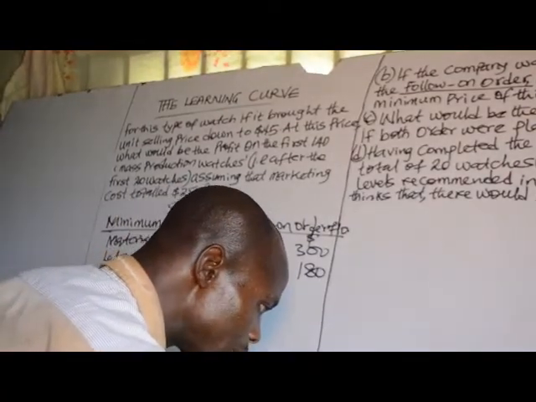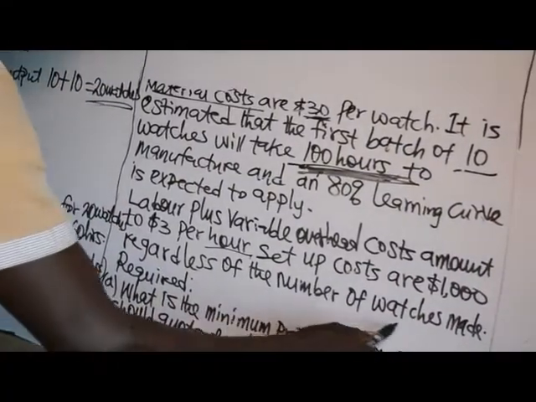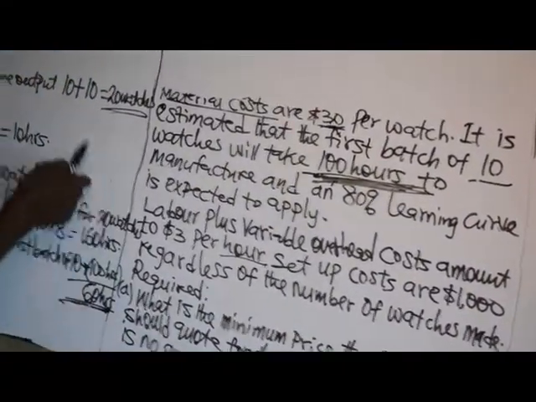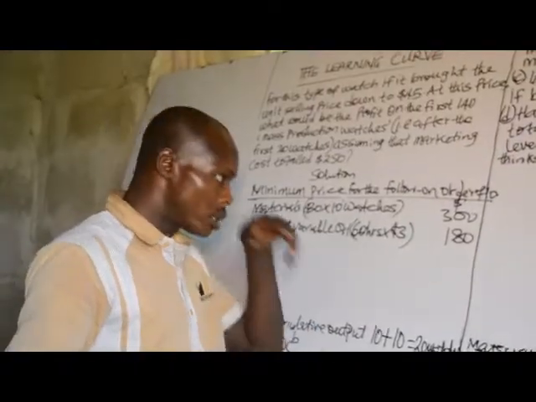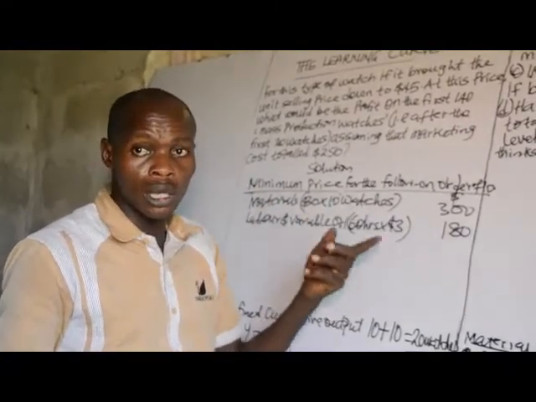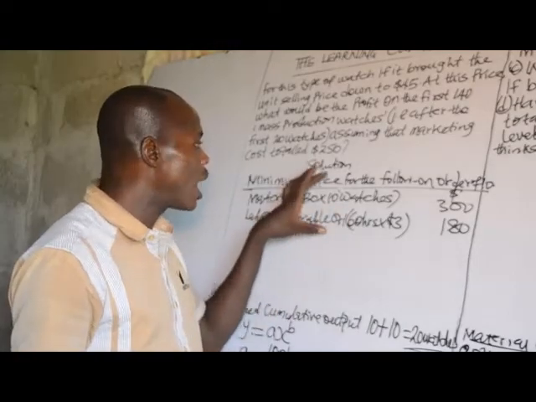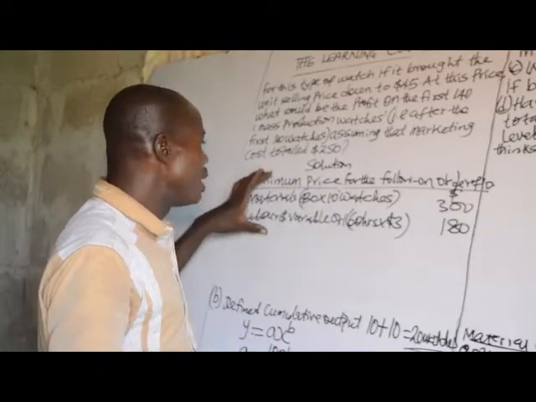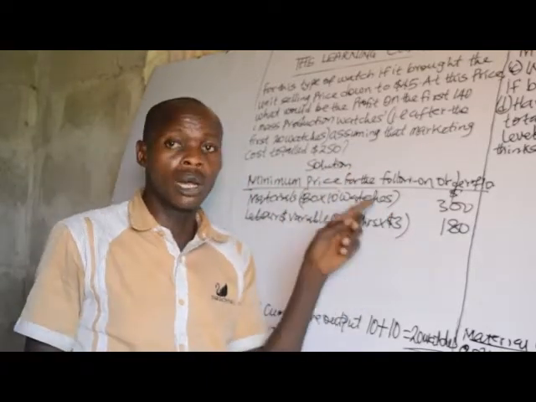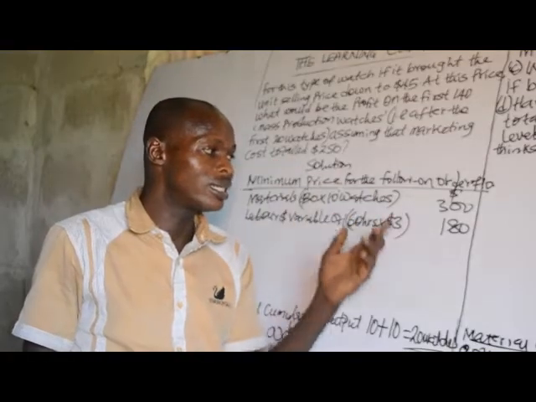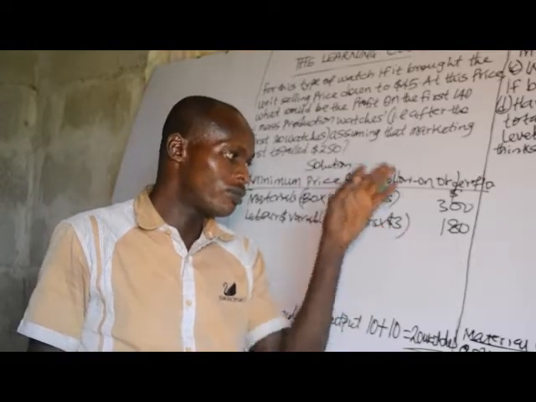We were told that there is a setup cost. Setup costs are $1,000 regardless of the number of washes made. The first batch of 10 incurred the setup cost. The total washes made in this B aspect of the question will be 20 altogether. Since the setup cost has been incurred on the first batch of 10, the setup cost will not be incurred in further production of another 10.